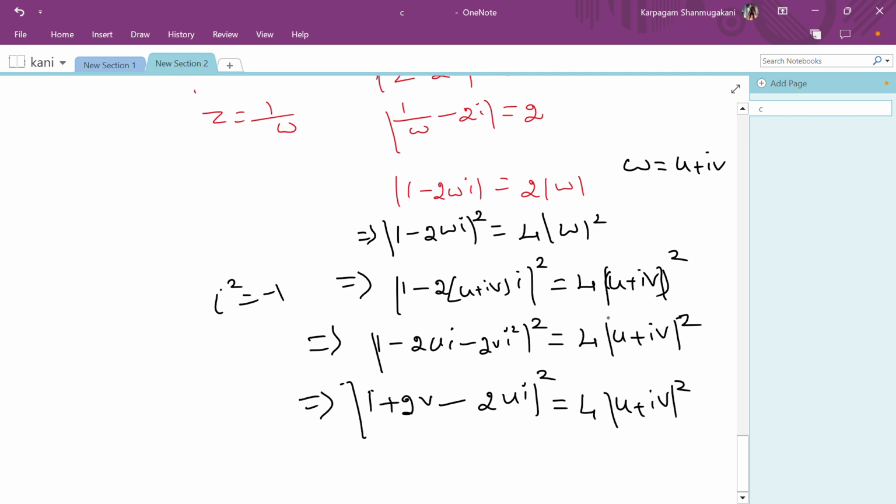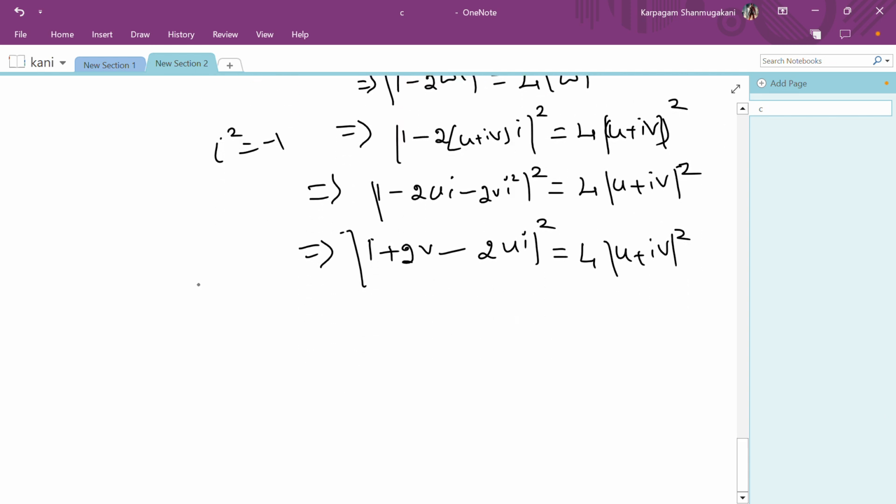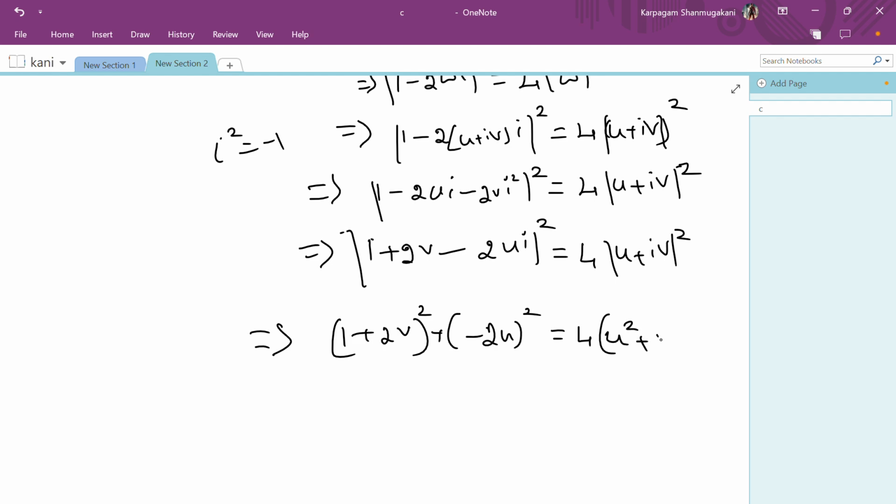Then under the property, what is the modulus definition? Real part square plus imaginary part square. What is the RHS? Real part u, imaginary part v. So real part square plus imaginary part square.